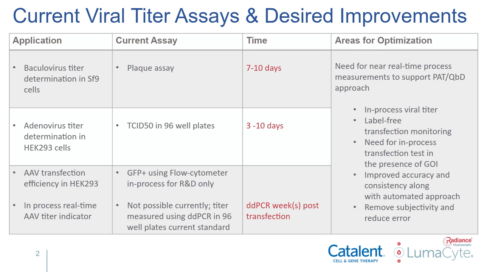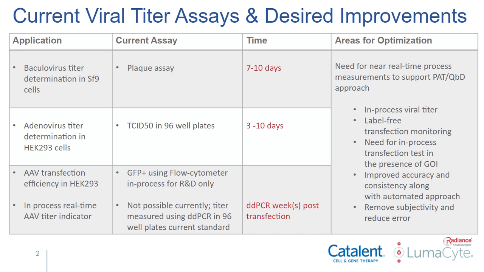And currently, the AAV transfection efficiency measurement in HEK293 is only possible in the R&D setting with GFP labeling, and this is done using a flow cytometer. And currently, there is no assay available for real-time transfection efficiency measurement using a GOI plasmid during clinical process development.